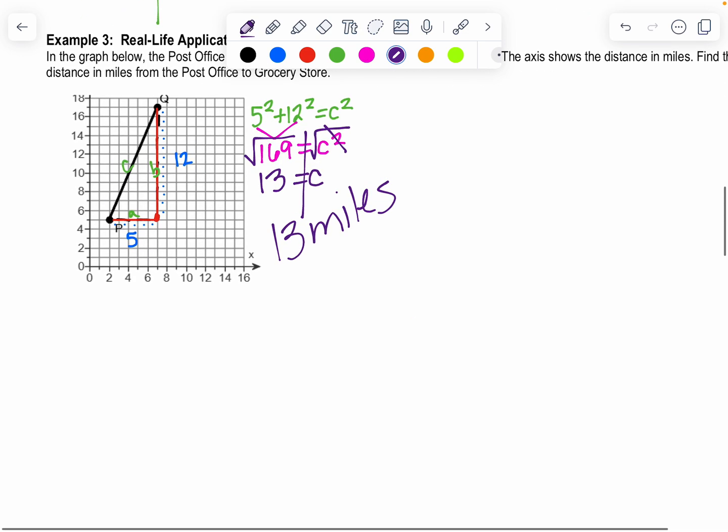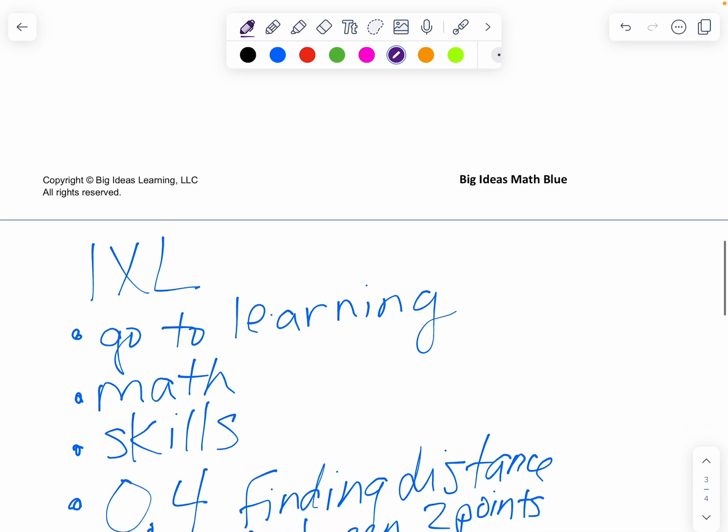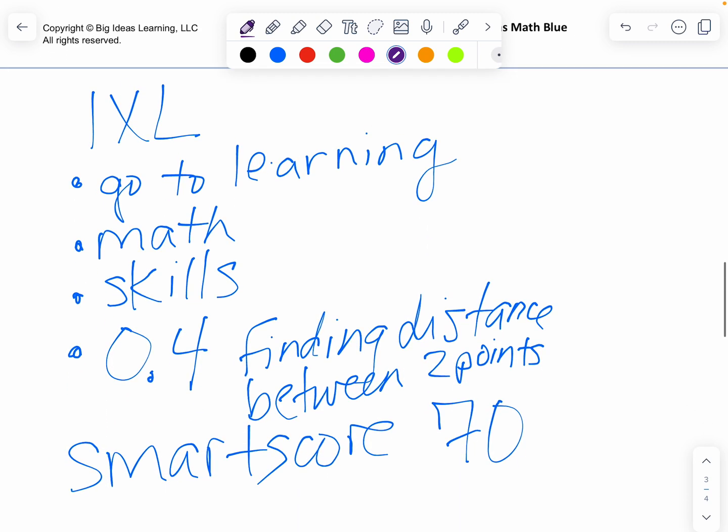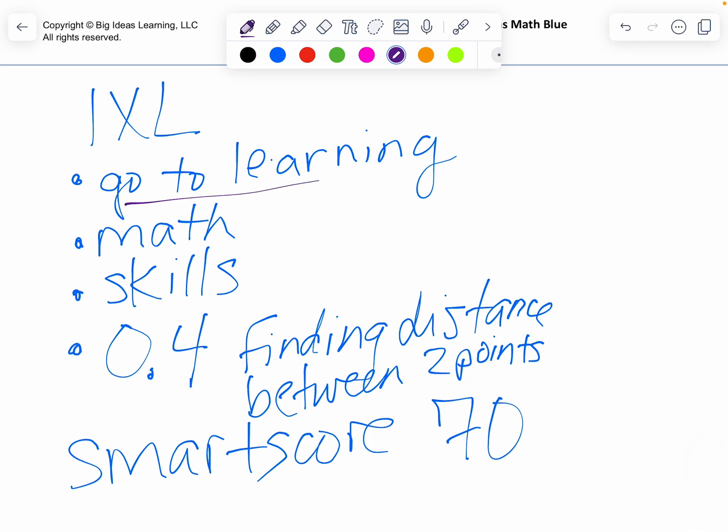All right, your homework today is on iExcel. You go to the learning at the top and you click on math and you click on skills, and it's O, the letter O, 0.4.